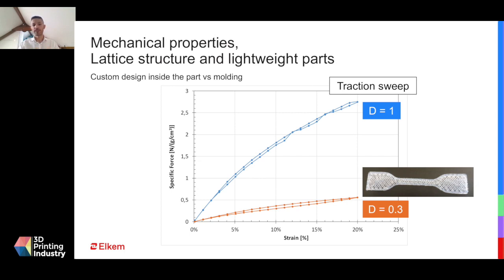Here you can see two traction curves for the same material, one on a molded dog bone, and the other one printed with 30% infill.